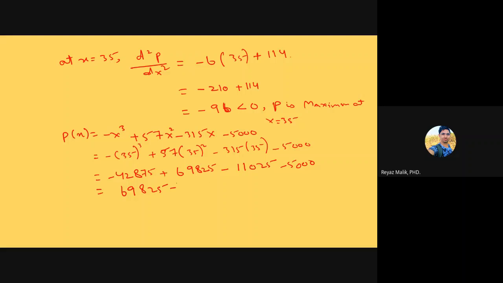All the minus together make 58,900. Then I will subtract it from 69,825. So the answer, the profit, will be plus 10,925.